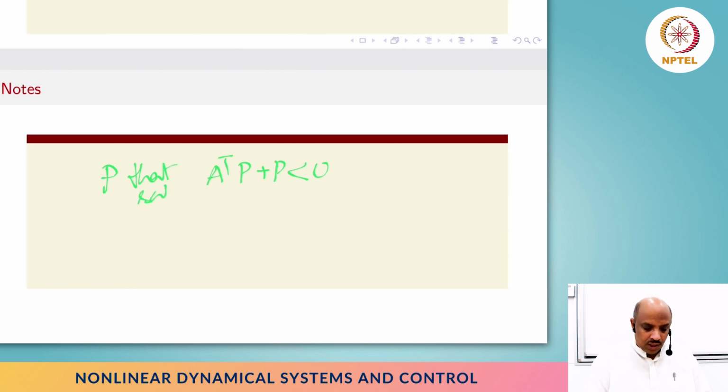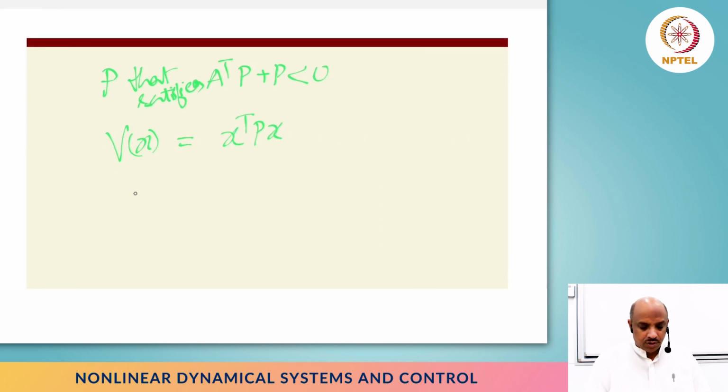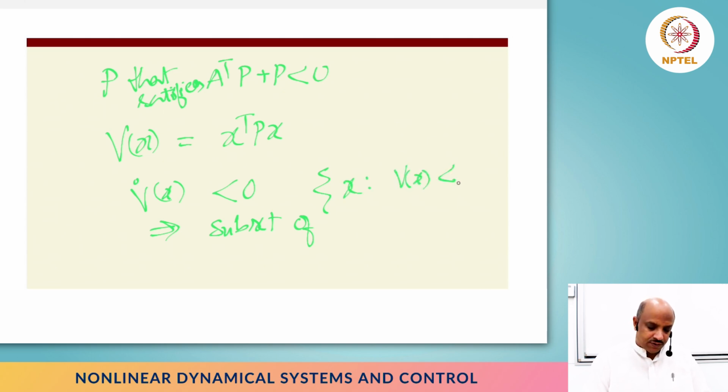And if we construct V of x equals x transpose Px, and pick a small enough region, V dot of x is going to be less than 0 on that, and therefore this gives us a subset of the domain of attraction, basically x such that V of x is less than some very small number epsilon 1. And this will give you a subset of the region of attraction.